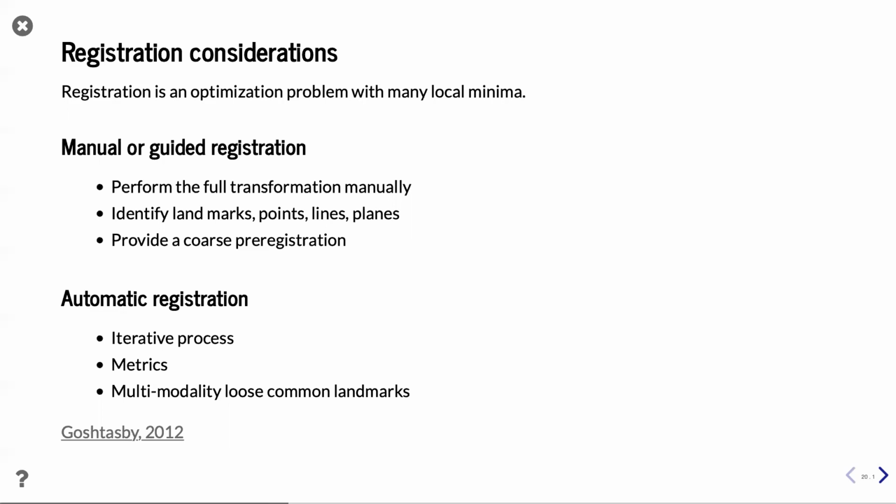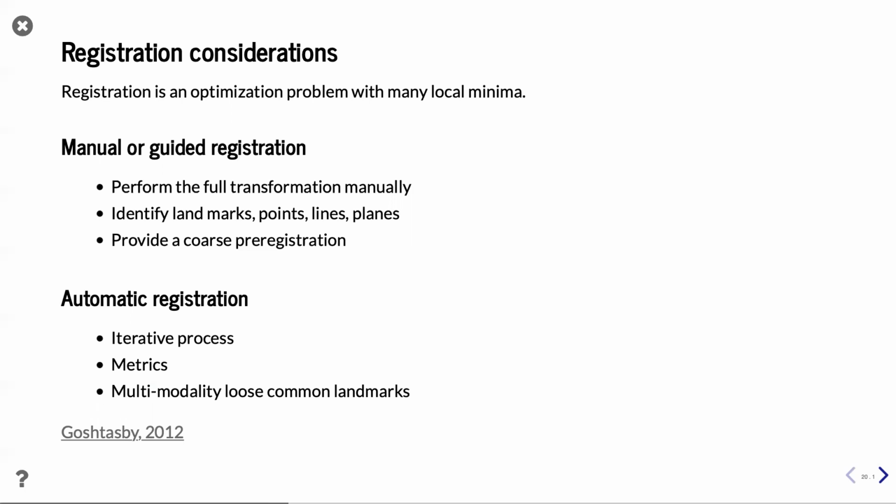So then is the question if you want to do manual or guided registration. So with the manual, you do everything yourself with visual feedback. You can also guide the registration by providing landmarks or fiducial points in the data and tell this point and that point, they actually are the same. And then the registration has that as a guide for the process.